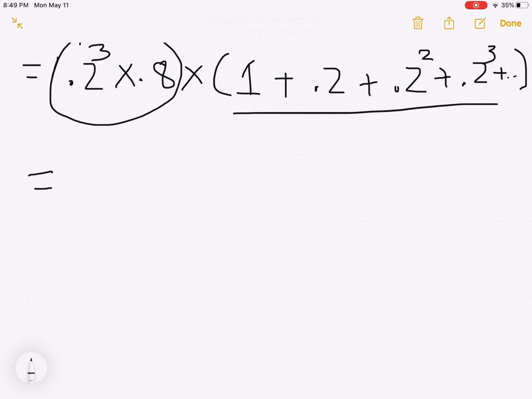This is going to be what r is. This is going to be x.